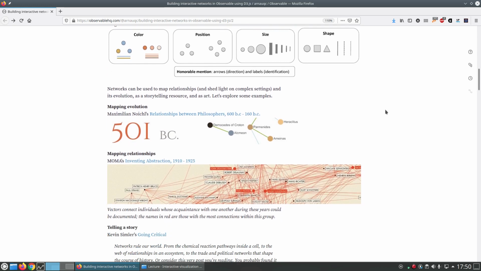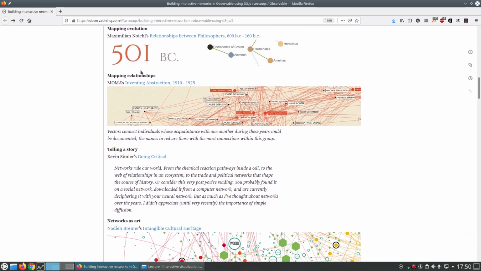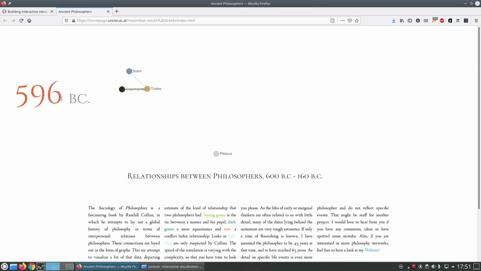So let's start with the first one, which is mapping evolution. I would like to show you this example, which has been created by a person called Noil. I really invite you to check his website. You have the link in the description, because there are a lot of networks and some of them are really fascinating, if you're interested in philosophy.